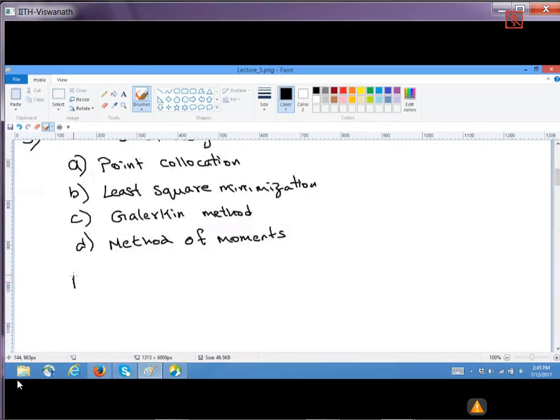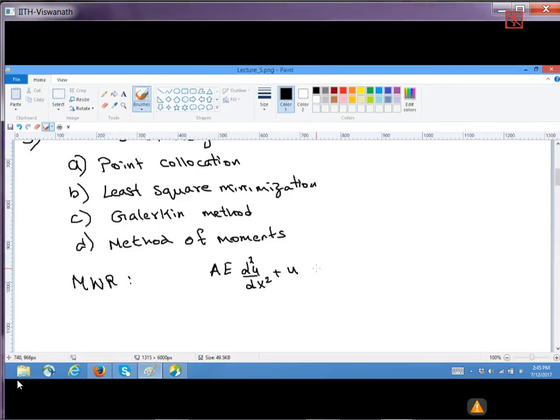method of weighted residual defines, last time what we have taken is d square u by dx square plus u is equals to 0, and AE we consider it as 1.